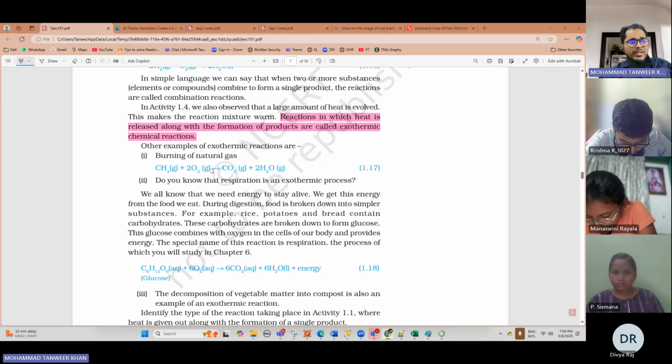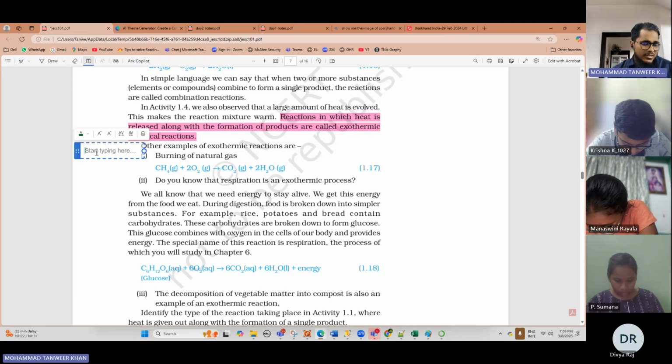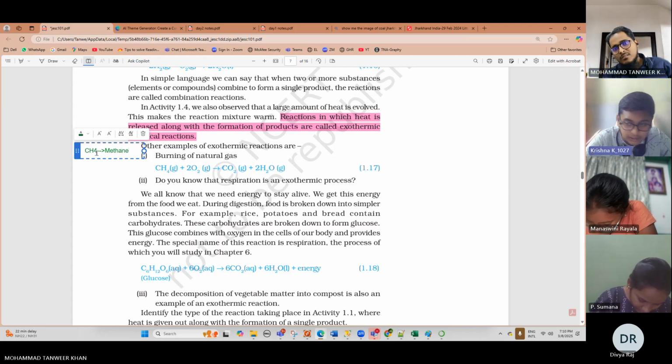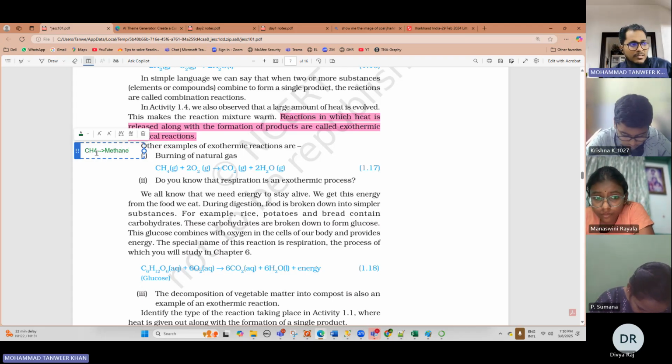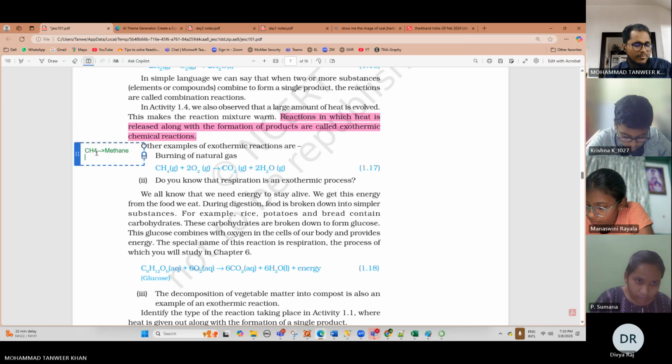Now, if you see this reaction, here the first compound is CH4. This is known as methane. This is also known as natural gas.